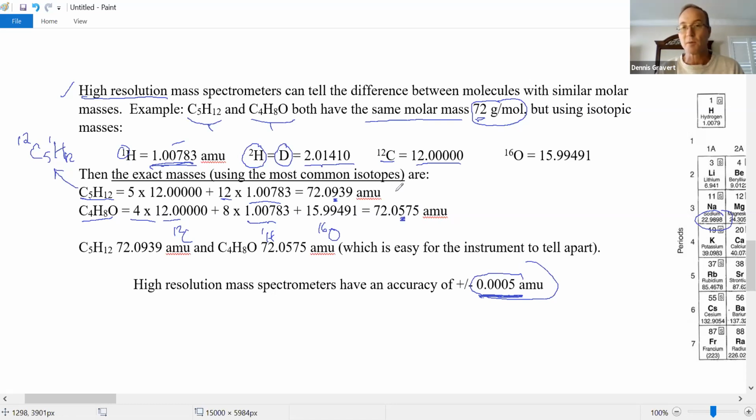It's so easy for a high resolution mass spectrometer to see the difference between these two, that it'll then narrow this down. So if you analyze your unknown compound that you formerly knew as 72 grams per mole, put it in the mass spectrometer, and it comes up with this value, well, it has to have this formula and not this one. Cool. So high-res mass spectrometers can actually identify molecules or help you identify a molecule.